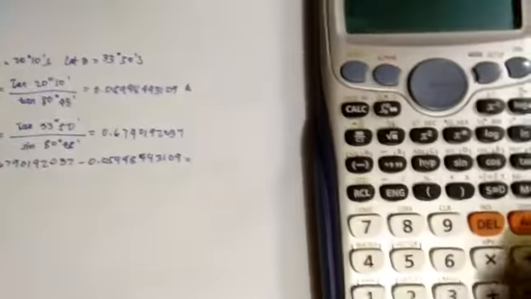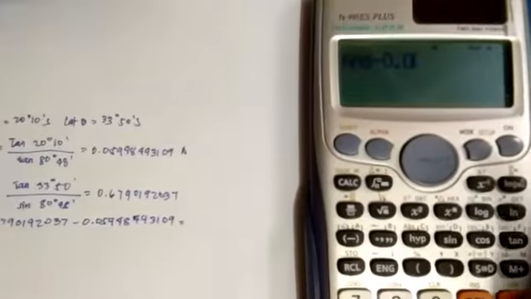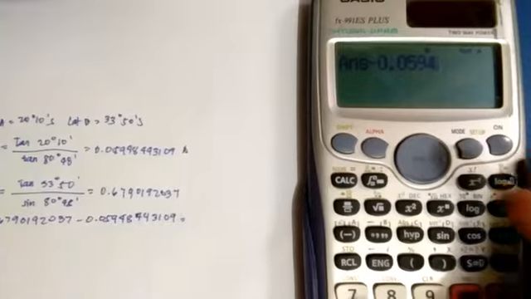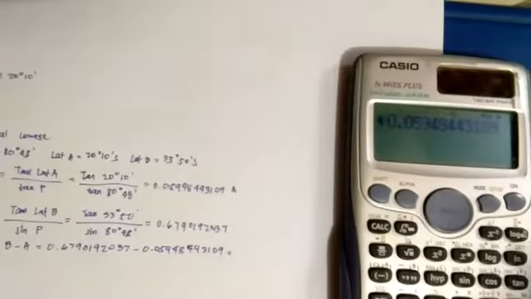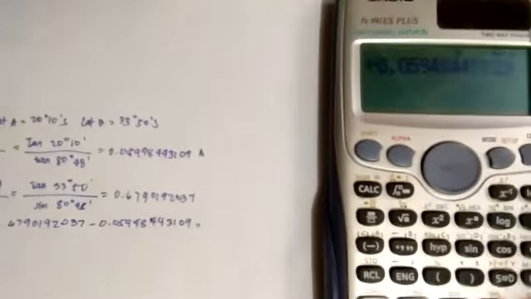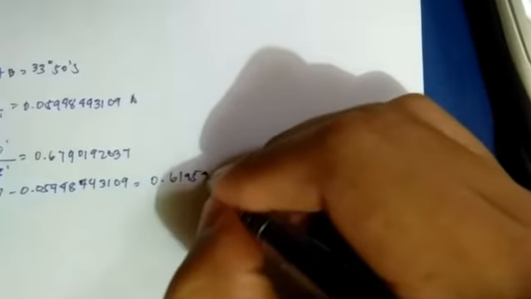So the value of our C will be 0.61953477726. So that would be our C.